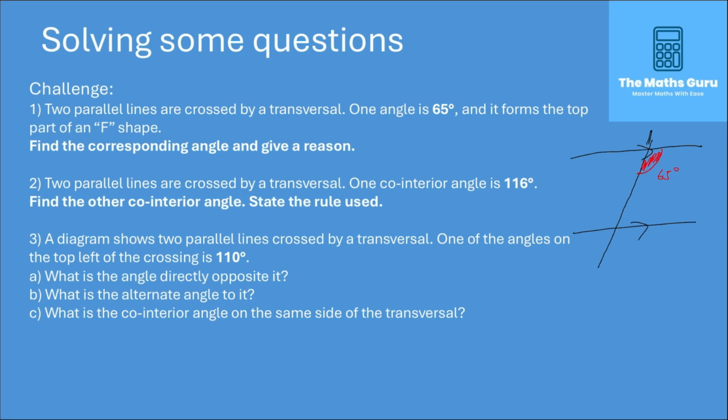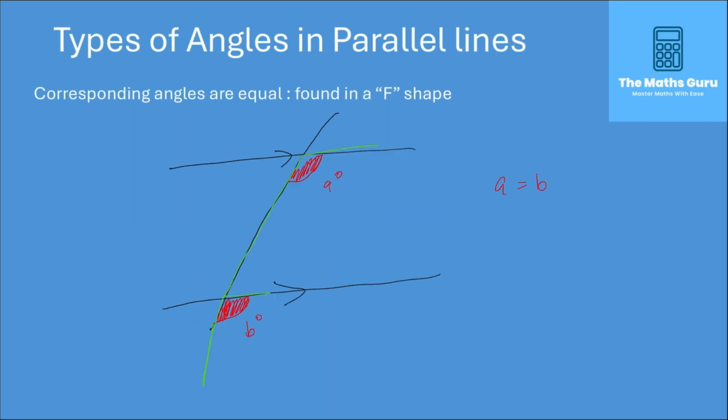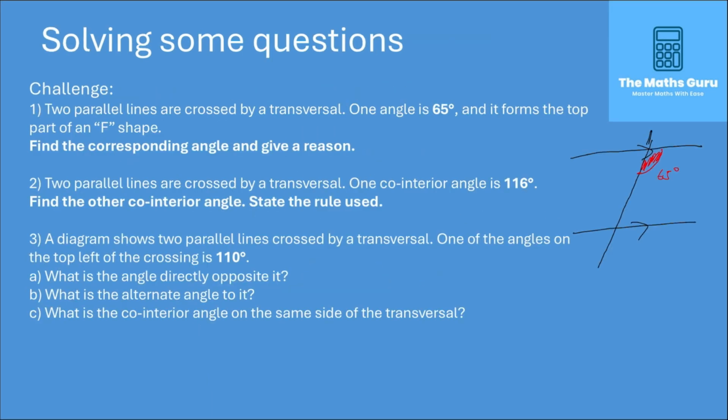We are then told to find the corresponding angle, and remember, going back to our definition of corresponding angle, that is the bottom part of our F. So if we form our F, we see that it goes along here.